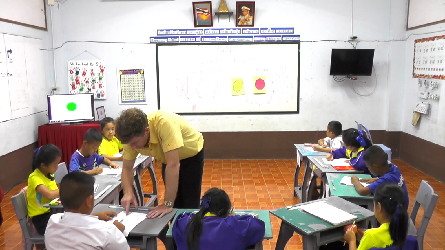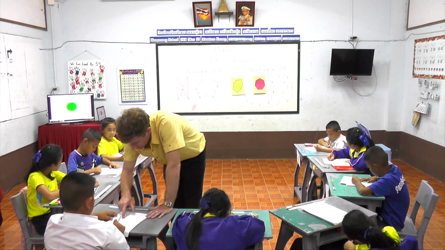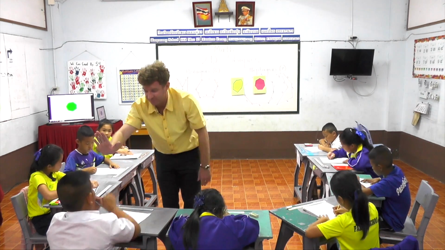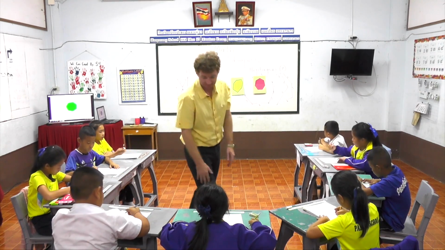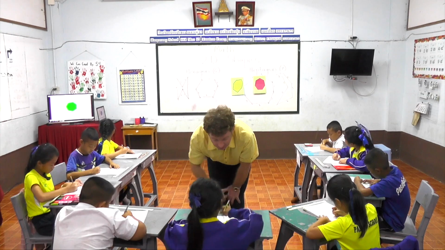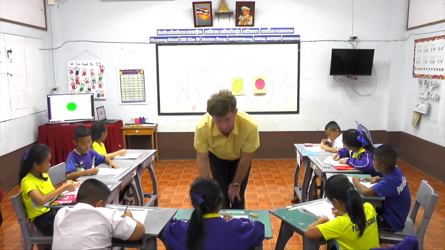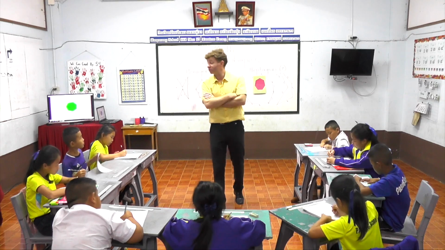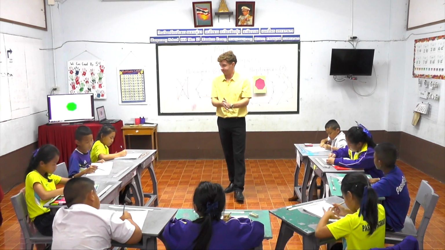1, 2, 3, 4, 5, 6, 7. Excellent, Ned. That's perfect. Heptagon. 1, 2, 3, 4, 5, 6, 7. Perfect. And that's like what we call a regular heptagon. Okay, so if you've got your 3 shapes, you can colour.